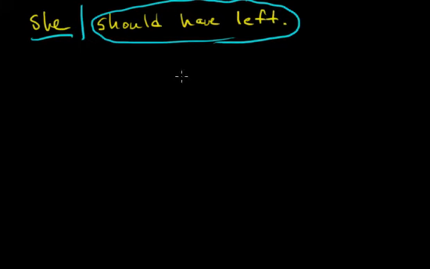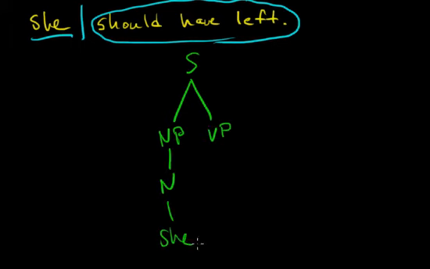Now to diagram this, we draw our S at the top, our two branches, our noun phrase and verb phrase. We have a noun, she. In our verb phrase now, this is the trick, when you have two auxiliaries, we make sure that we draw a branch for each auxiliary and the verb.